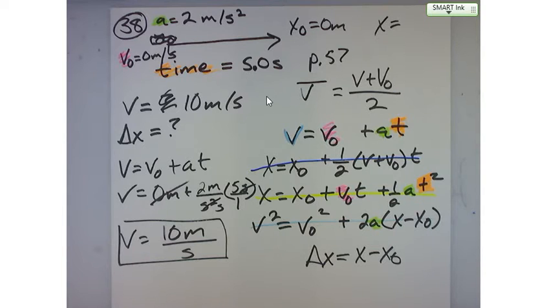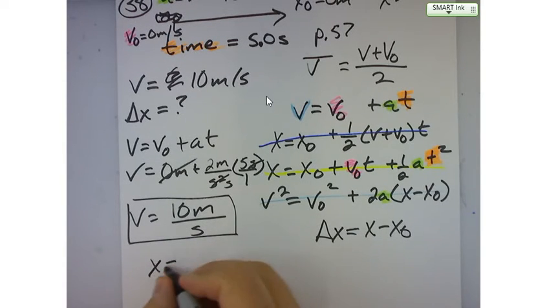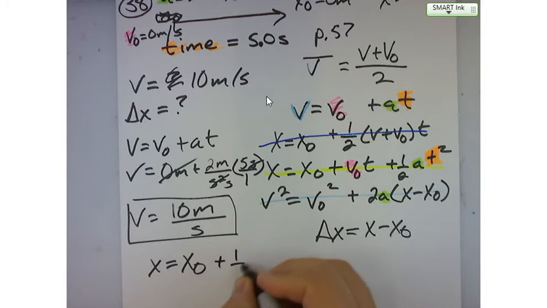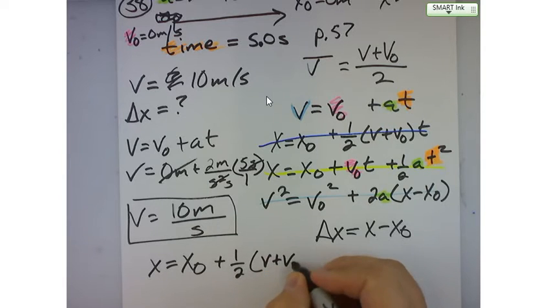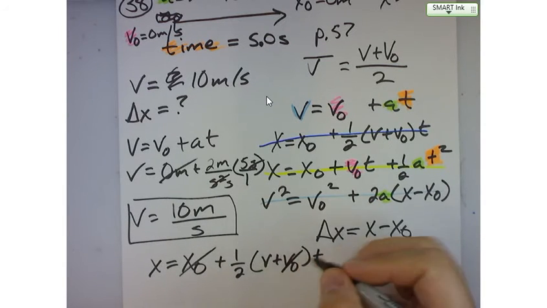I could use really any one of the 3. I'm going to choose the one that has the least amount of work to do. So I'm probably going to choose this one, right? So I'm going to say the final position is equal to the initial position plus 1/2 times the final velocity plus the initial velocity times the time. Okay, well this is 0. And my initial velocity is 0.